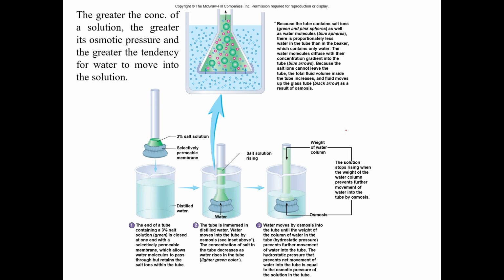So what is the concentration of the solution? Most of the time, we will use the concentration of sodium chloride, percent sodium chloride. So where there is a higher concentration, and we have lower concentration of our sodium chloride.